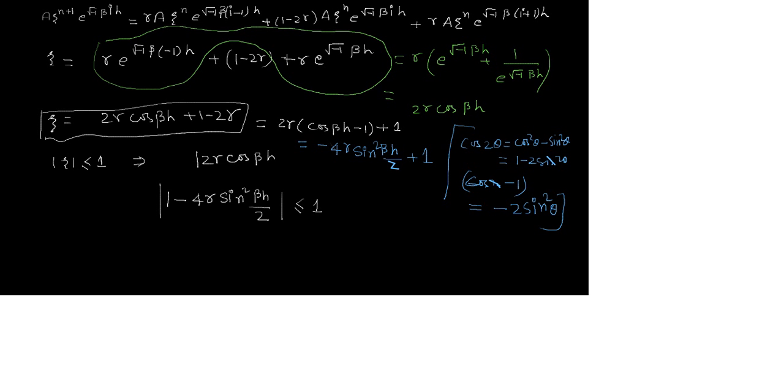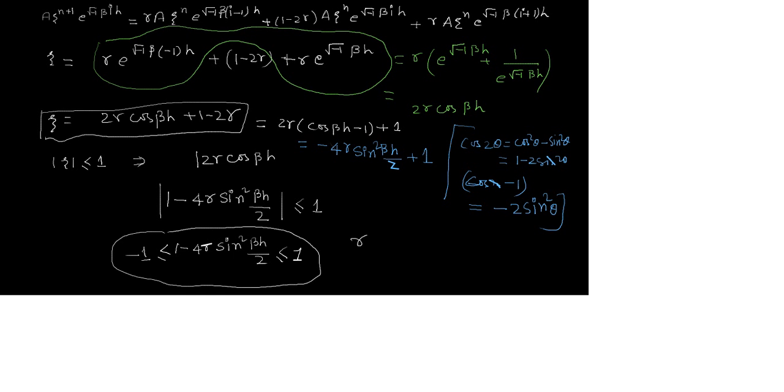Again, if you consider this, we will get r lies between 0 and half. Hence this method will be stable only if r is from 0 to half.